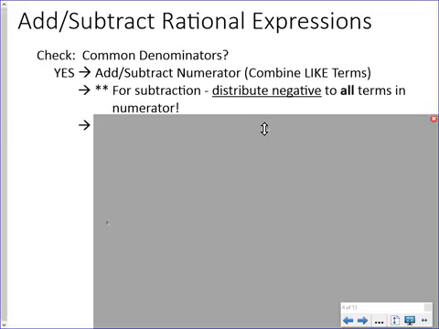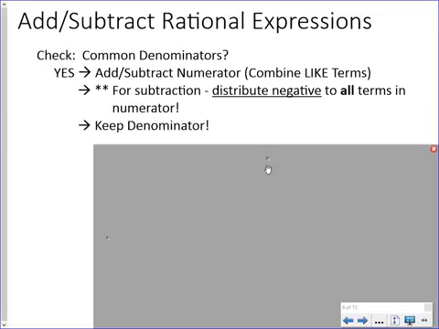One way you can get around this is changing it to adding the opposite, or just make sure you subtract all of the terms in the second fraction's numerator. Also, remember that when adding fractions, after you have common denominators, keep the denominator. You don't do any math in the denominator when adding or subtracting rational expressions, just like regular fractions.